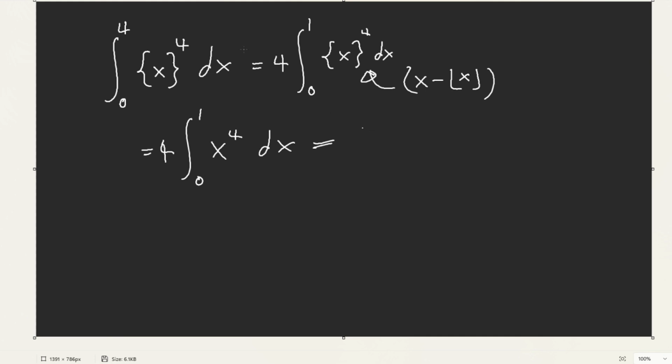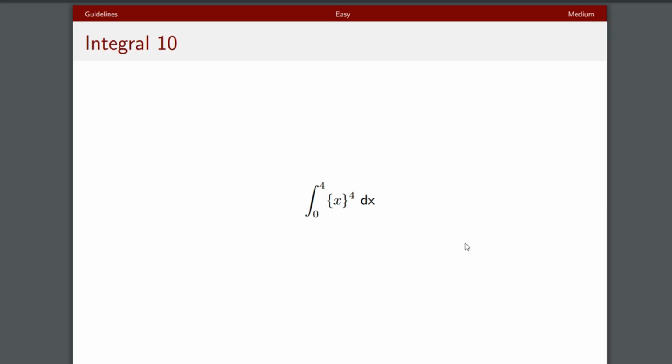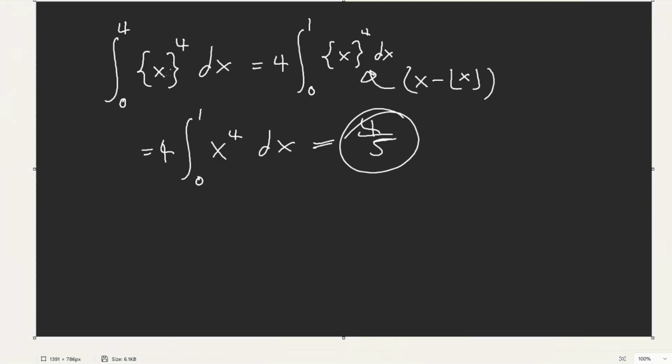Easy. So now it's just 4/5. So the answer should be 4/5. Yeah! Do not forget that. If all the functions are in terms of fractional parts, you can utilize the periodic rule. It's so much faster that way.